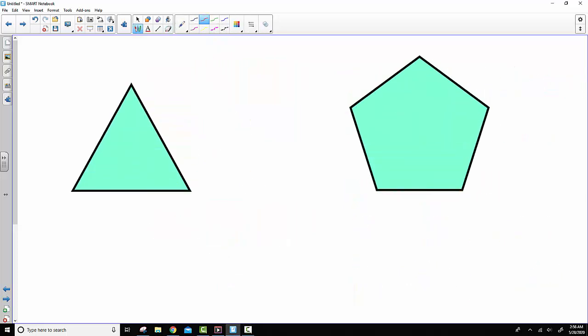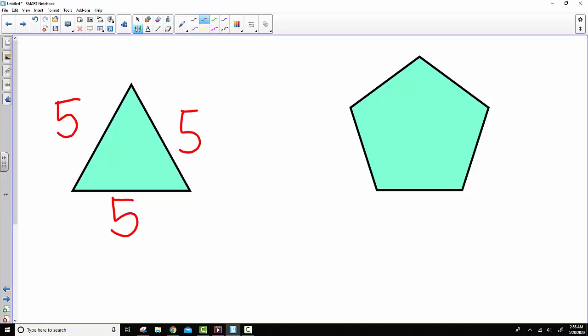And for our final example, we're just going to go back to a simpler concept. We're going to calculate perimeter only. Figures like this, you will not be asked to find the area. Not yet anyway. So let's look at our perimeter. We'll say that this equilateral triangle has sides of 5. 5 units.